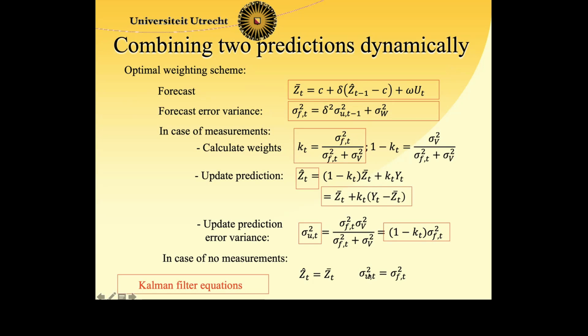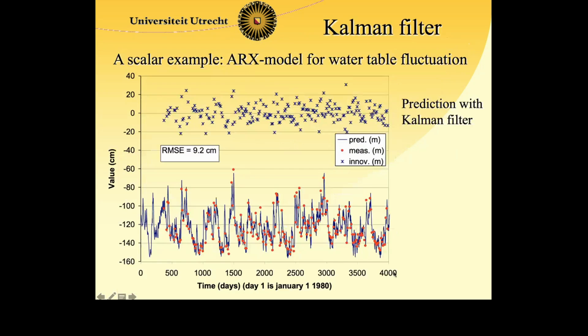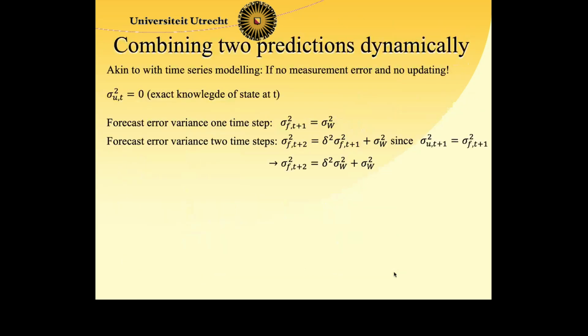But of course, the variance of the update is equal to the forecast if you don't do any observations. So what we get is two steps ahead. The variance of the update at t+1 is the same as the variance of the forecast at t+1. So that's this one. And therefore, we can substitute this here, and we get sigma squared t+2 is delta squared sigma_w squared plus the sigma_w squared.